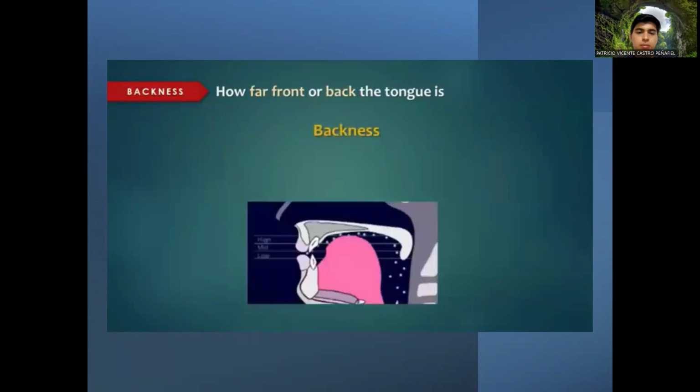In terms of backness, vowels are either considered front, central, or back. Remember that E is a high vowel, but it's also a front vowel, while OO is a back vowel.